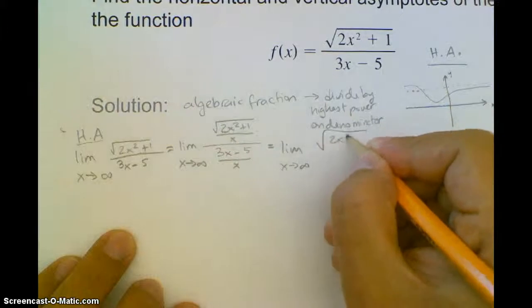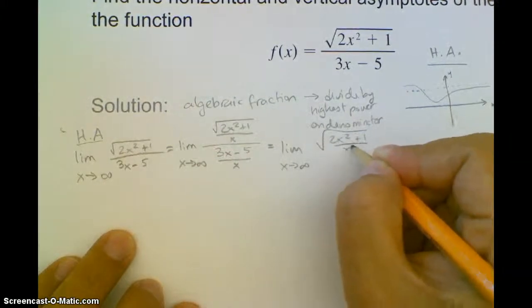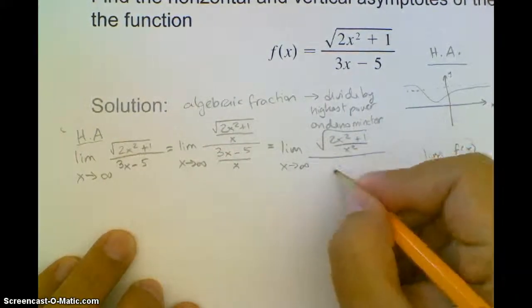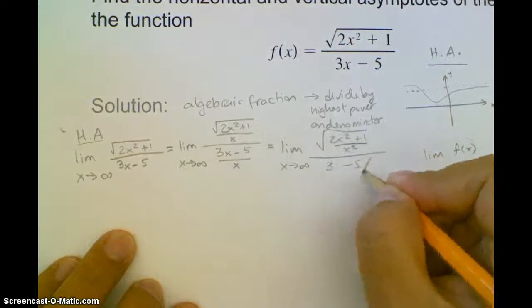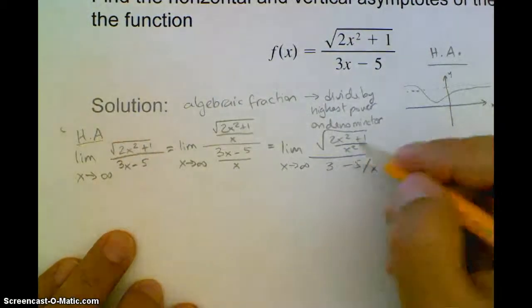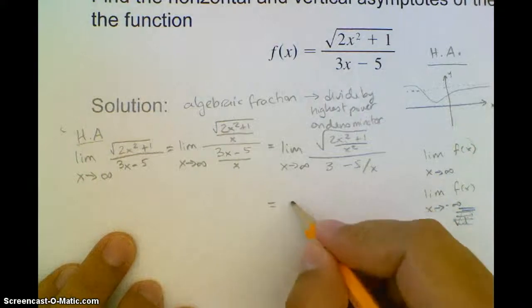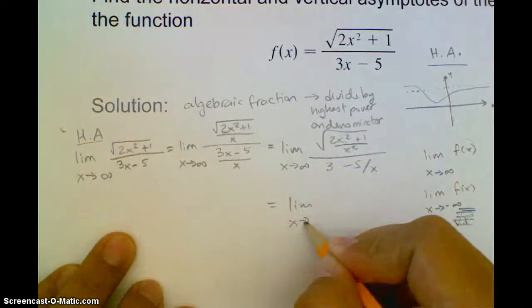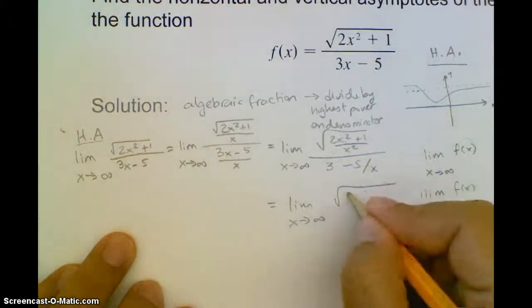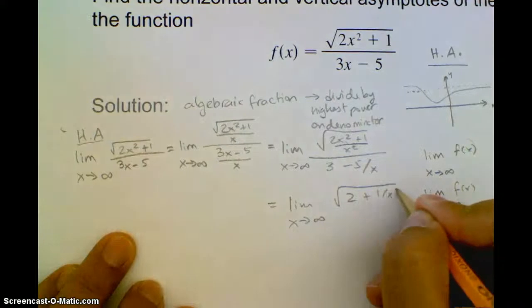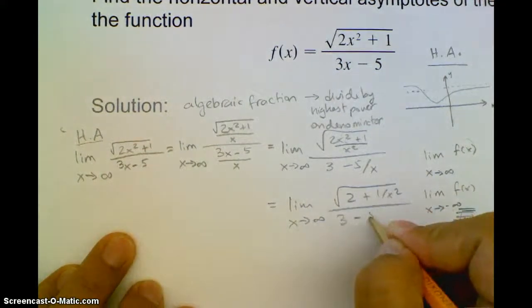I have 2x squared plus 1 over x squared, and this simplifies as 3 minus 5 over x. So when I do that, this distributes, so this is what I have at the end: the limit as x approaches infinity of the square root of 2 plus 1 over x squared, and the denominator hasn't changed.